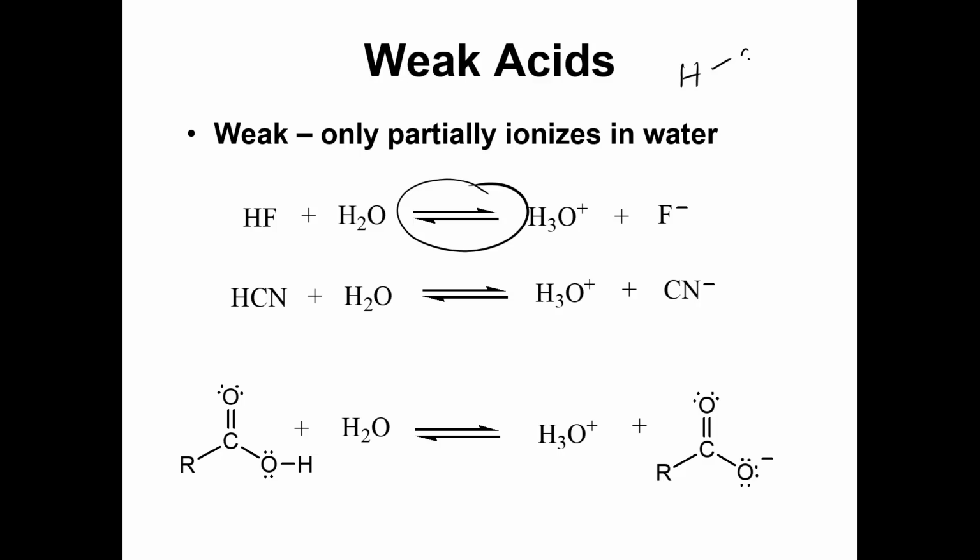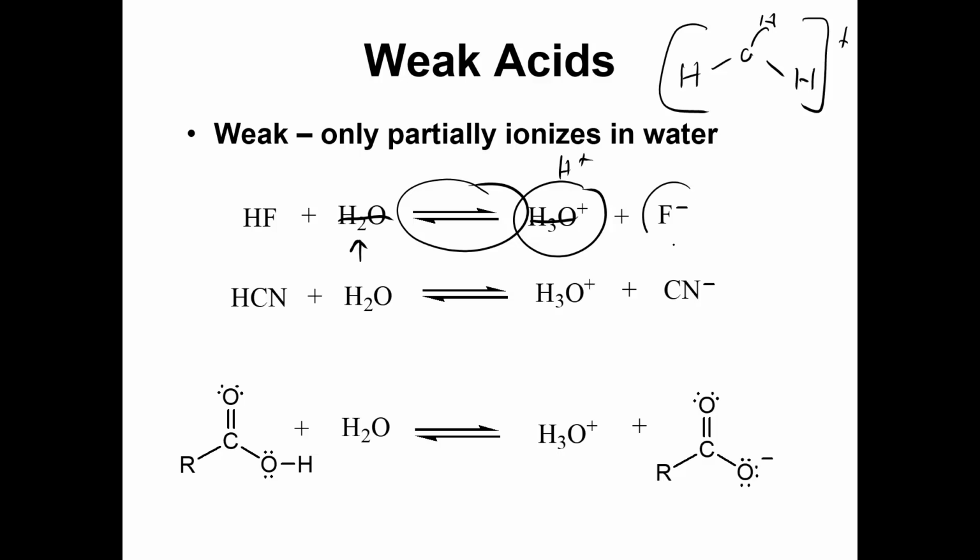The water will take up that hydrogen, that H plus, and turn into a so-called hydronium ion. You can either see it written like this with water included, or just without the water, going to H plus and a fluoride minus counter ion, a spectator ion in this case.